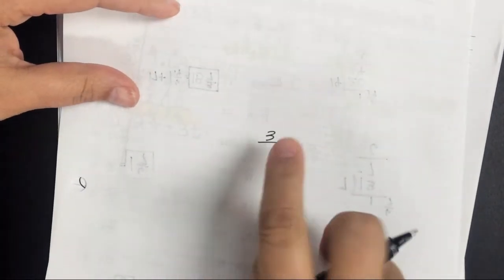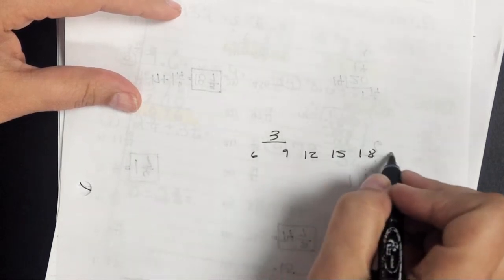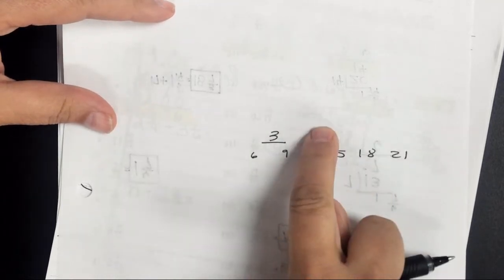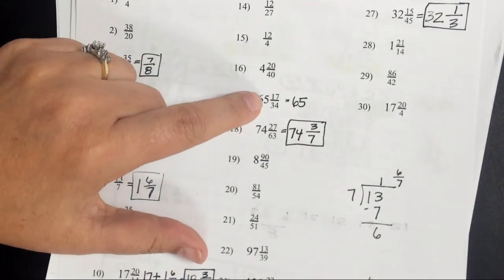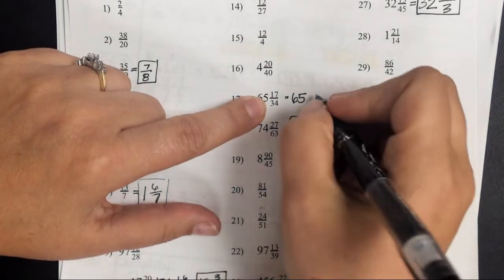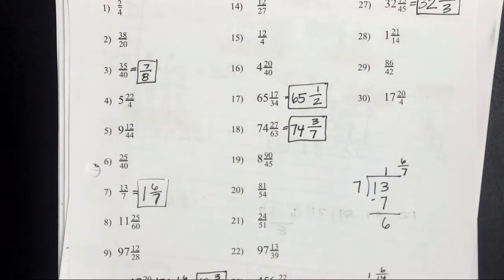If your denominator happens to be a 6, 9, 12, 15, 18, 21, your denominator has to be a multiple of your top number. So when you automatically, on this one, see that 17 is a prime number, stop and say, is 34 a multiple of 17? Yes, it is. How many times will it go? 2. So this becomes 1/2. So if you get a prime number for your top number, for your numerator, and the denominator is not a multiple of it, you know it can't be simplified.